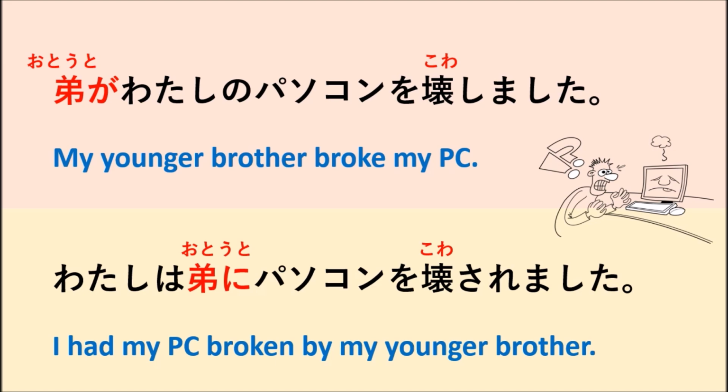For the second sentence we take watashi to be the topic, but in the first sentence we take ototo to be the topic. So this is about the difference between using kowasu and kowasareru, the present simple tense and the passive tense.